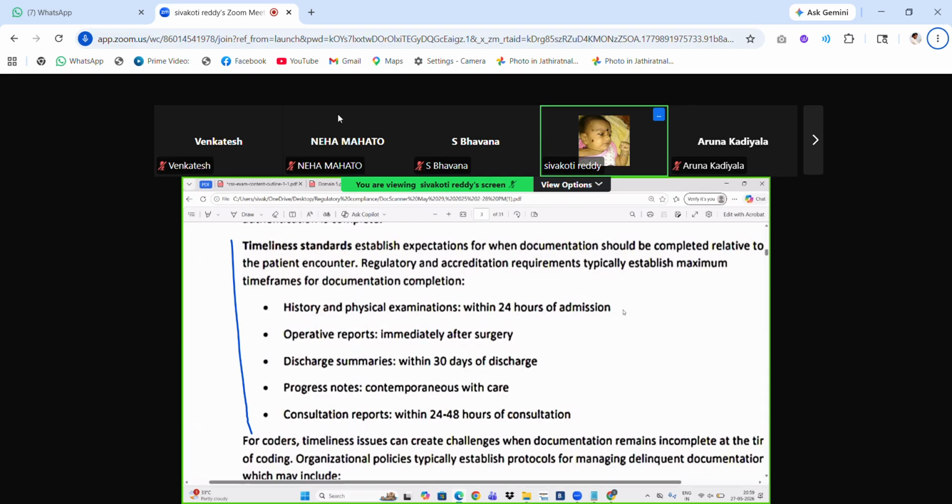You will get one question from the history and physical examination. How many hours do we have to submit the history and physical examination after admission to the hospital? You will get options like 24 hours, 48 hours, 72 hours, 30 days.